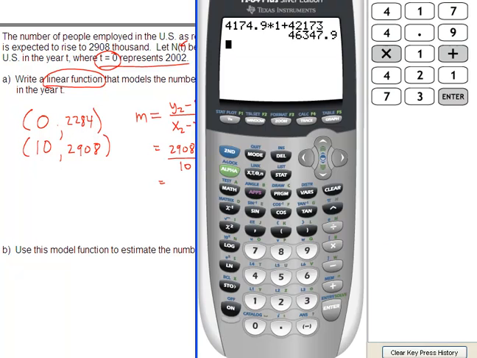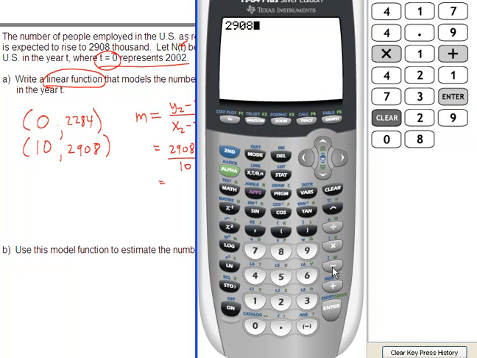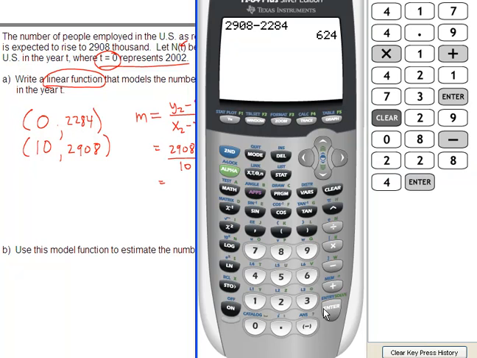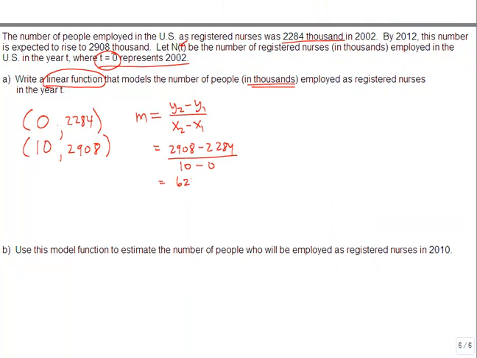So we're going to pull up that calculator again, and we want 2908 minus 2284. So the numerator is 624, and then we're going to divide that by the 10 that's in the bottom. So 62.4. So this was 624 over 10, which became 62.4. So there's my m.